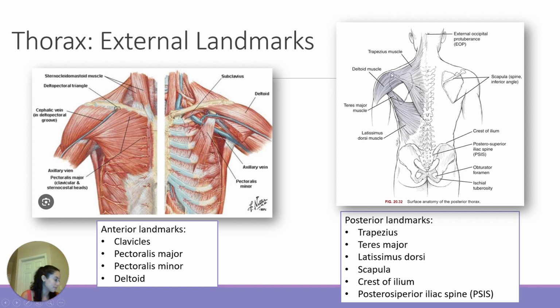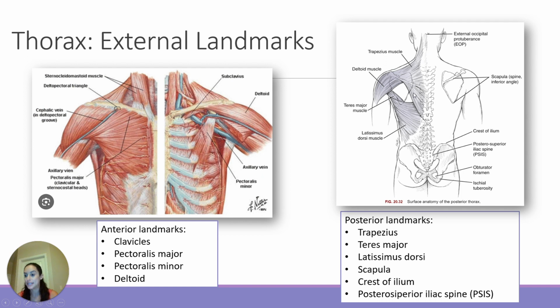It actually attaches, if I'm not mistaken, let me double check, to your T12, so it goes all the way down to your T12, your T-spine, and then laterally it attaches to your shoulder. So this is the trapezius muscle right here.